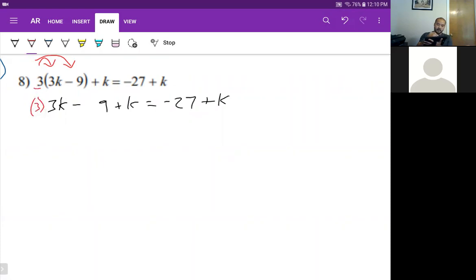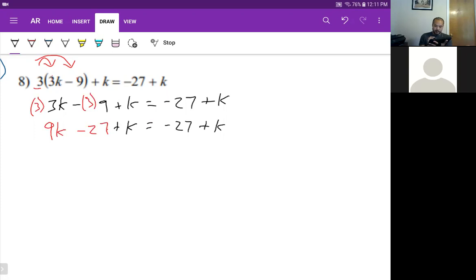So 3 goes here to 3k, and 3 also goes here to negative 9. So let's do some simplification here. This becomes 9k. This becomes negative 27. And everything else is the same. Plus k equals negative 27 plus k.